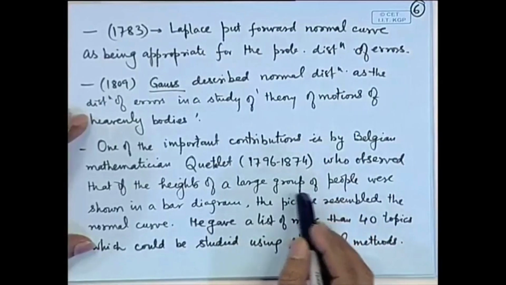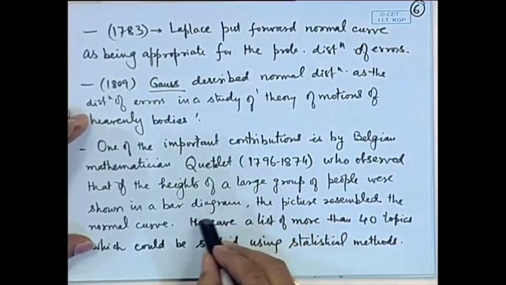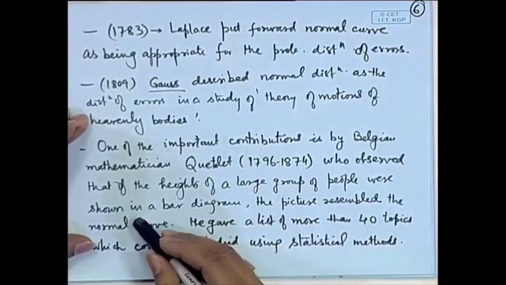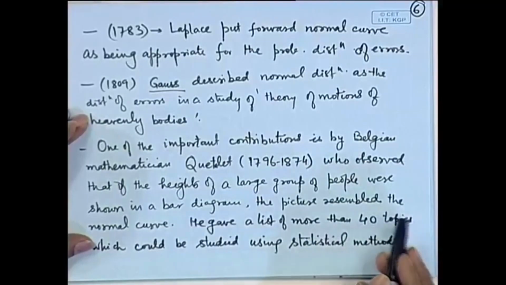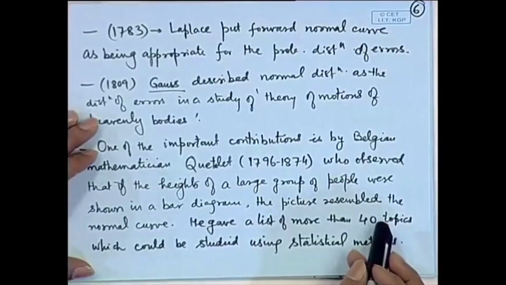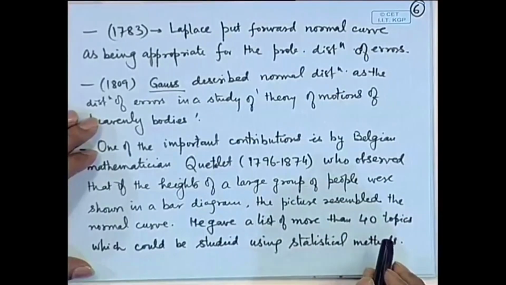He said that if we represent this distribution of heights using a bar diagram, then the picture resembles that of a normal distribution. He prepared a list of more than 40 topics and submitted it to the British Statistical Association, saying that all these topics can be studied using statistical methods.